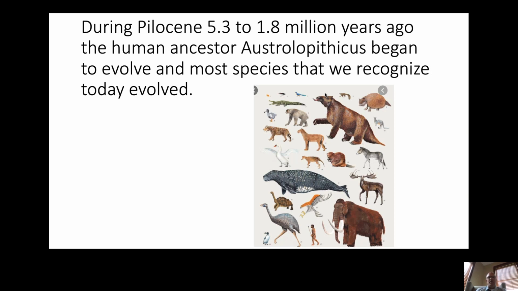Having to deal with the much colder temperatures of the last 2 million years, animals have had to be able to survive on foods like grasses, and to hibernate like bears do in order to survive the much colder temperatures.